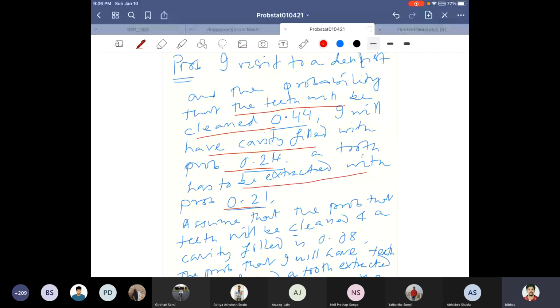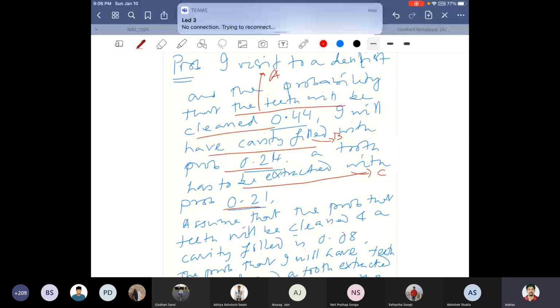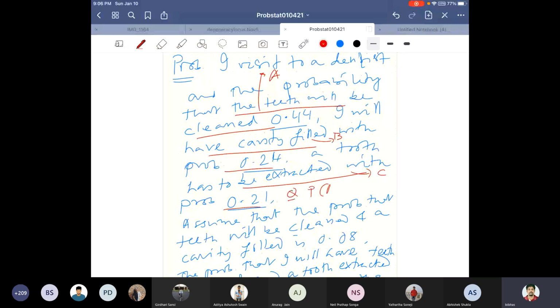So if I define that event as event A, that event as event B, and this event as event C, then the question here is, what is the probability of A union B union C?